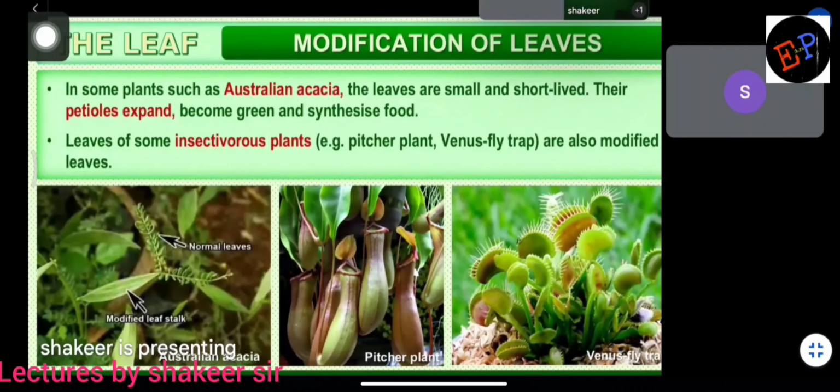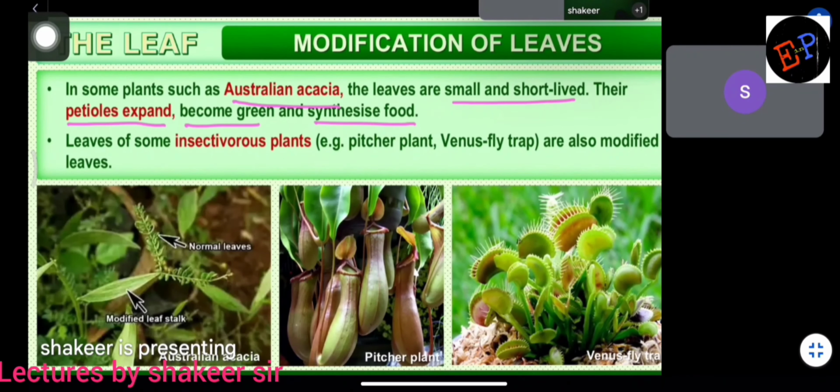Some more modifications he gave. In some plants such as Australian acacia, the leaves are small and short-lived. Short-lived means the petioles will be present, but the leaves fall to the ground. After the leaf falls down, the petioles expand, become green, and start synthesizing food.